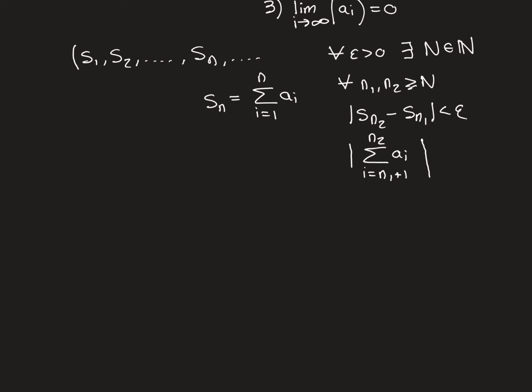Because if you think about what Sn2 is equal to, it's A1 plus A2 plus all the way up to An2. And then Sn1 is A1 plus A2 plus all the way up to some An1. And we're assuming n2 is bigger than n1, so it's stopping before this one.